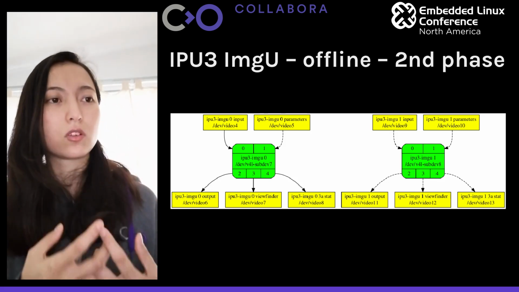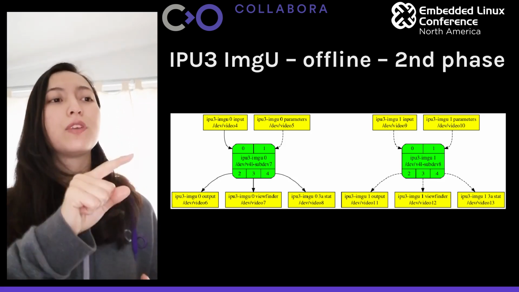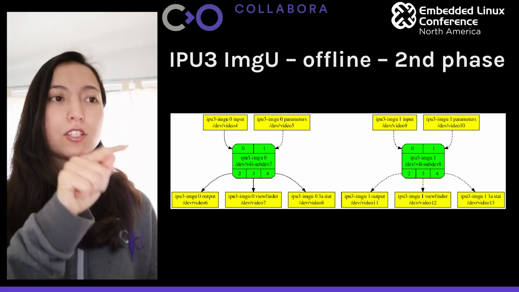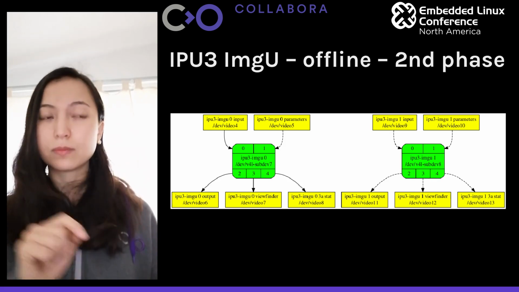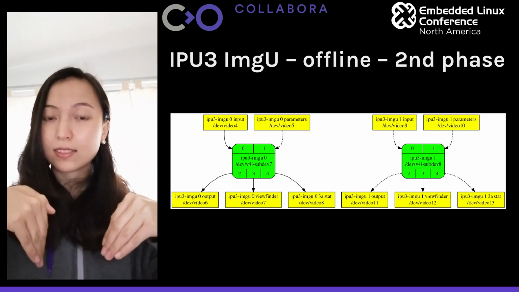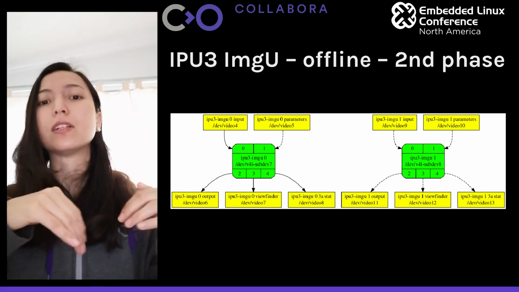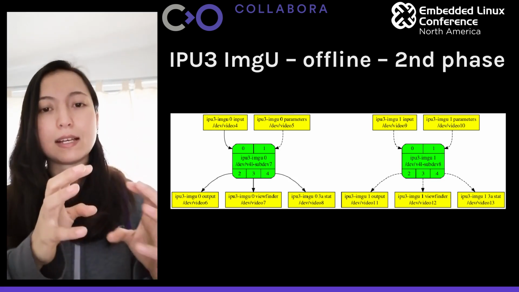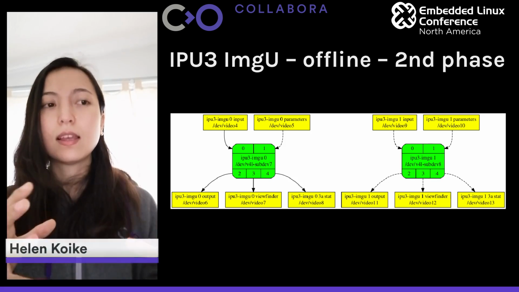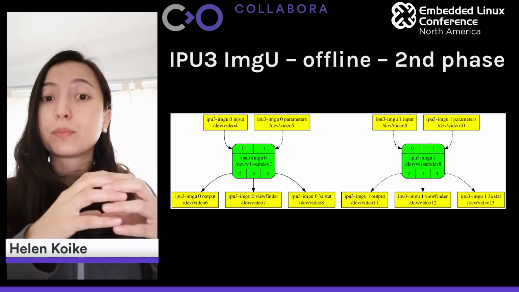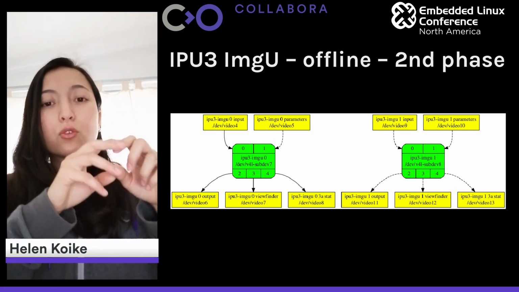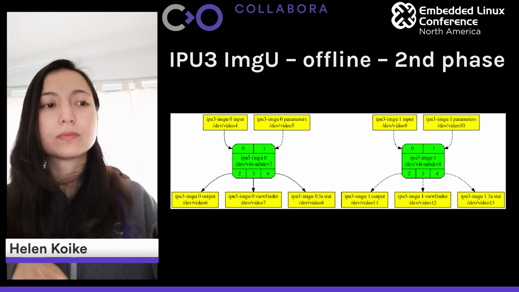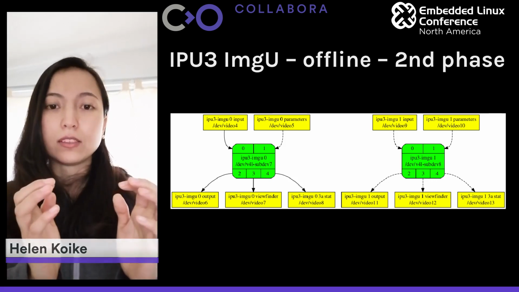Then user space is going to retrieve the image from the previous driver and feed it to this first node there, the IPU3-Imgu0 input, to inject the image into the buffer inside this driver. Then it will perform some kind of processing, and it will make the results available through one of those 2 paths. So we have the output there and the viewfinder.